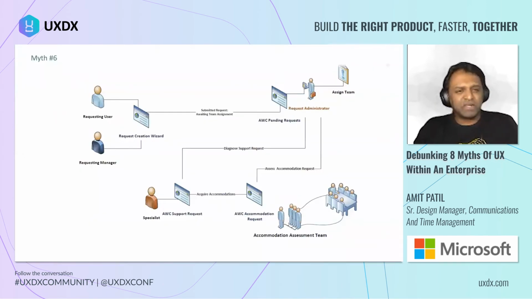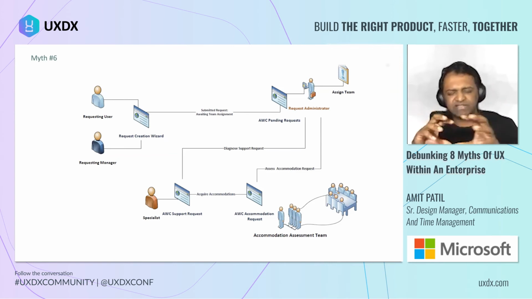Another story, from when I was in IBM. I was working on a particular project, the assistance requirement specification project. It allowed people with disabilities to request assistance, from braille keyboards to different types of assistance. It was a pretty complex project, and it had its own processes, just like any other company has processes.